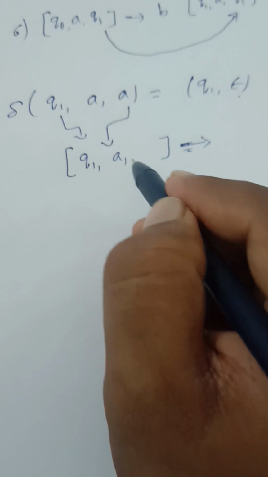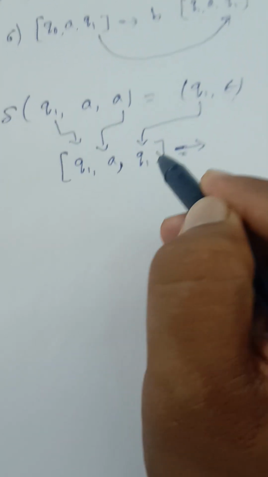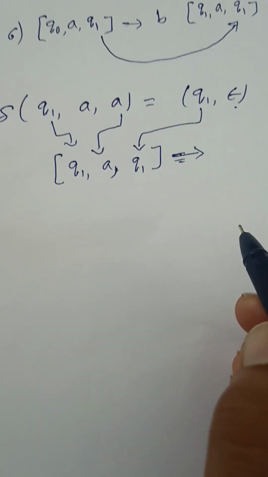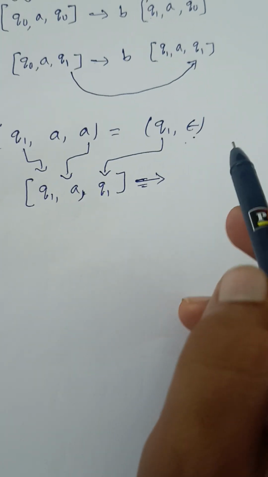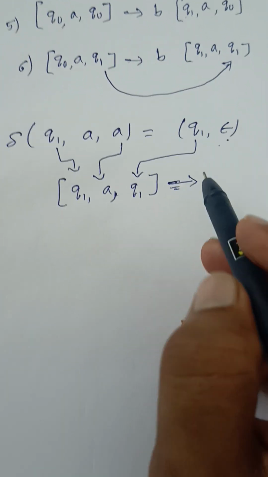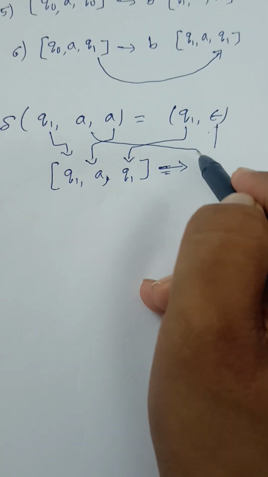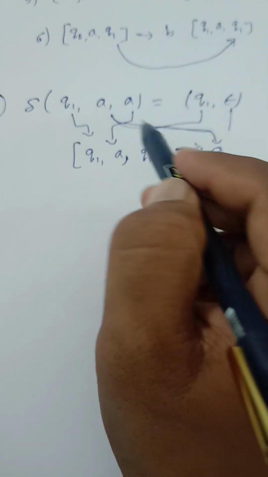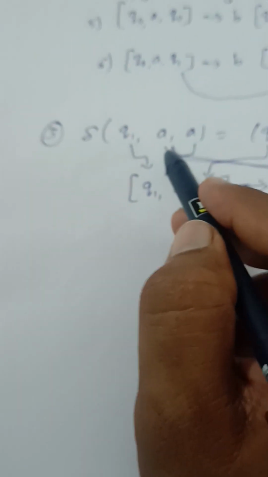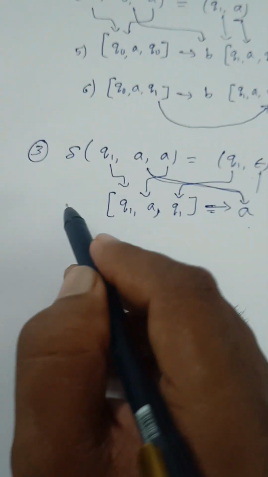So here we will write the state whatever the right hand side available. Okay, because here epsilon means 2 power 0, 0 means nothing. So next we will consider the right hand side as small a, because this is the middle field of the transition function. Okay, so this is the 7th production rule.